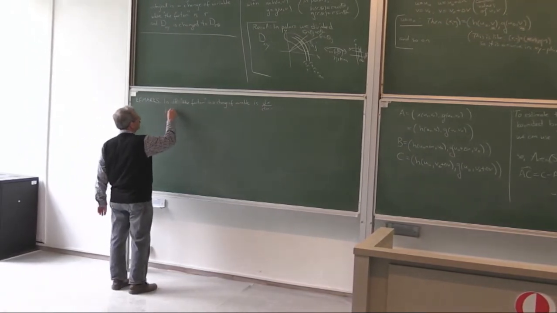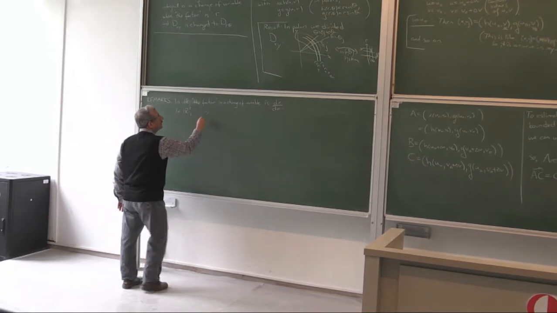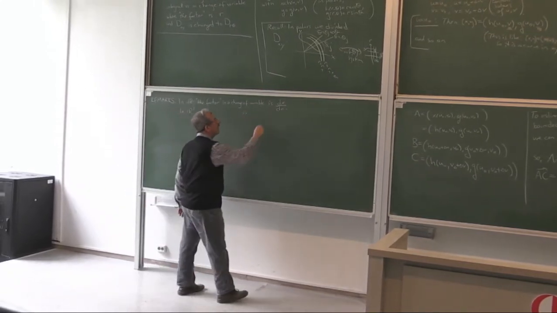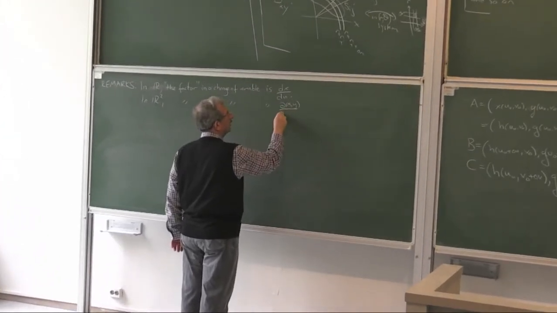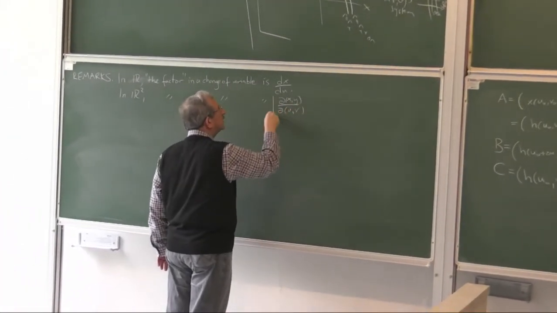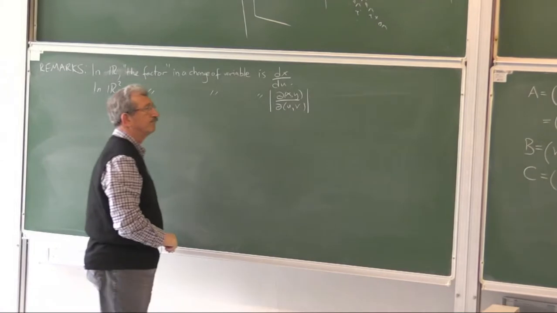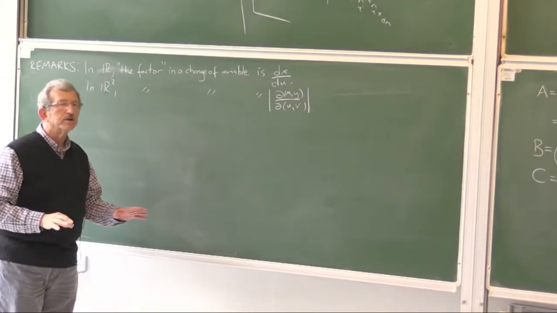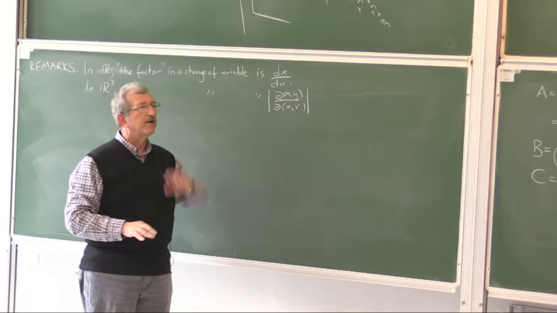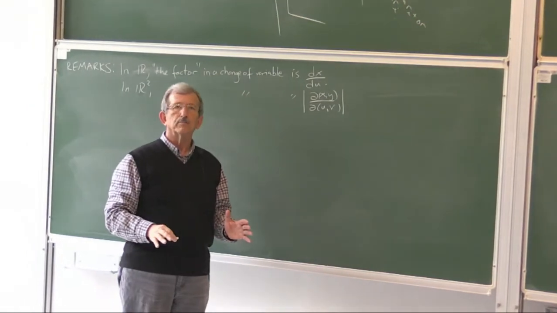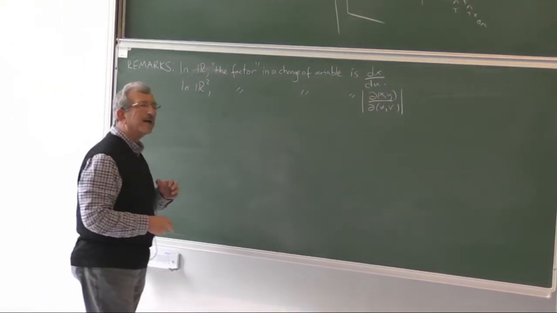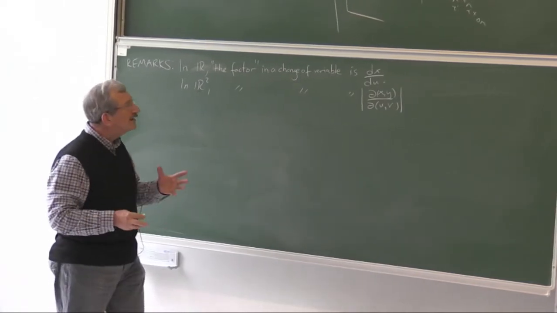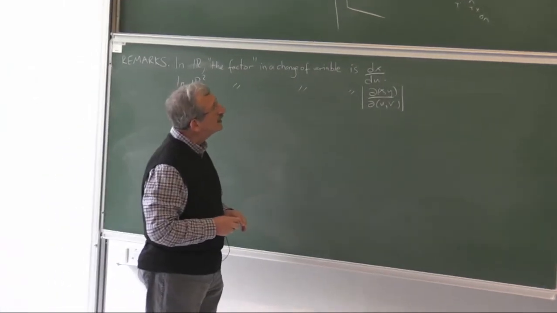Now in R2, this factor becomes ∂(x,y)/∂(u,v), but in absolute value. This is important because in the first case, in one variable, we don't get absolute value. But the geometric meaning is more or less there. That's to say, what is dx by du?